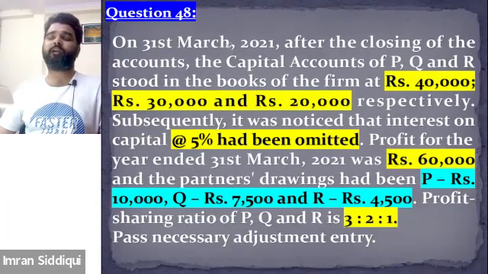Now the problem is that unless and until you have the opening capital balance, you won't be able to find out the interest on capital. And unless you have the interest on capital, you won't be able to prepare the statement of past adjustment. So in order to find out the interest on opening capital balances, we first have to find out the opening capital balance of the partner.